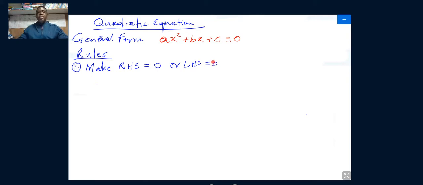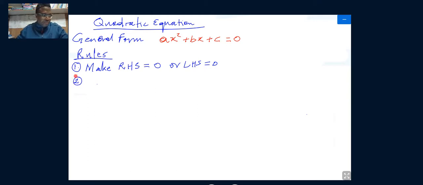I like right hand side equal to 0 because when we read from left to right, when I come to a solution, variables will be on the left hand side, so I'll be able to read x equal to something, rather than having a number equal to x. Still right, but to me it just doesn't feel right. I like to have 0 on the right hand side.